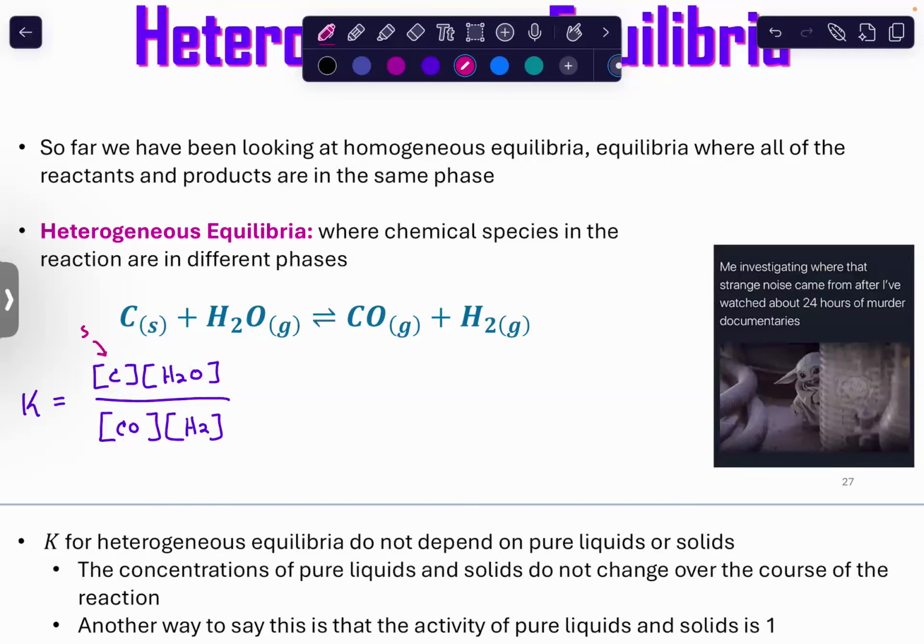And with its activity being essentially 1, also, if you don't want to think of it in terms of chemical activity, you could say that your concentrations of liquids and solids are not going to change during a reaction. So your actual equilibrium constant is going to be that. You see how we left the solid carbon out of it?